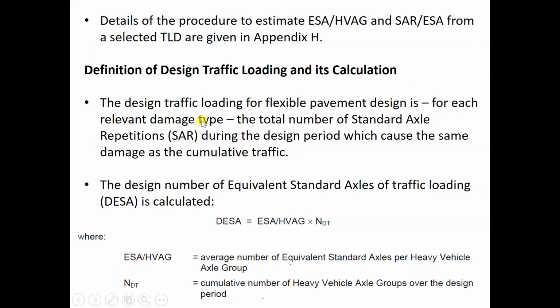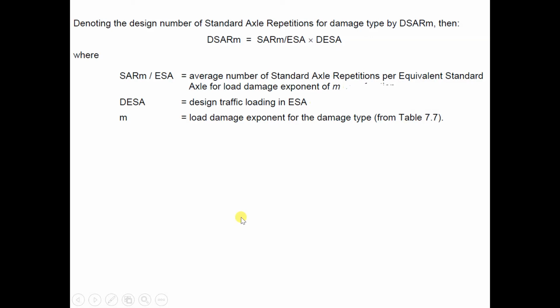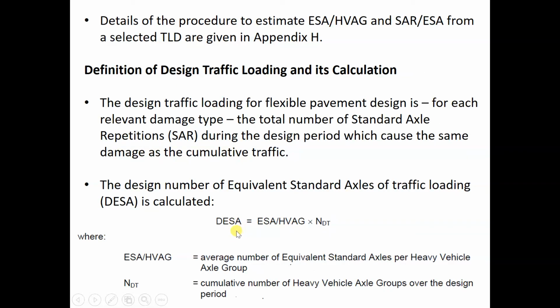So the design traffic loading for flexible pavement design is, for each relevant damage type, the total number of standard axle repetitions. So we have to find the SAR during the design period, which causes the same damage as the cumulative traffic. So you see, first we have the ESA.